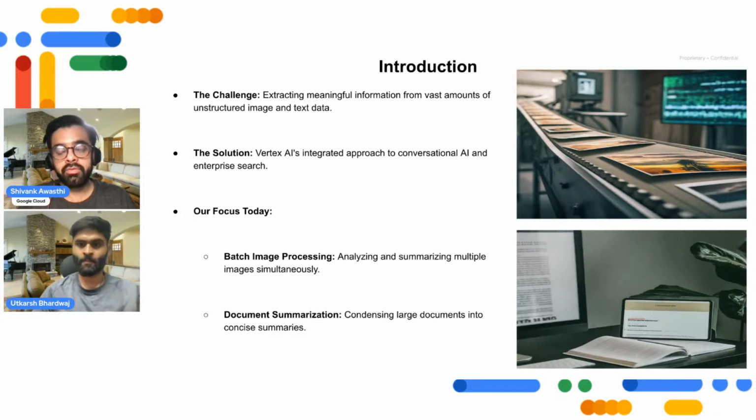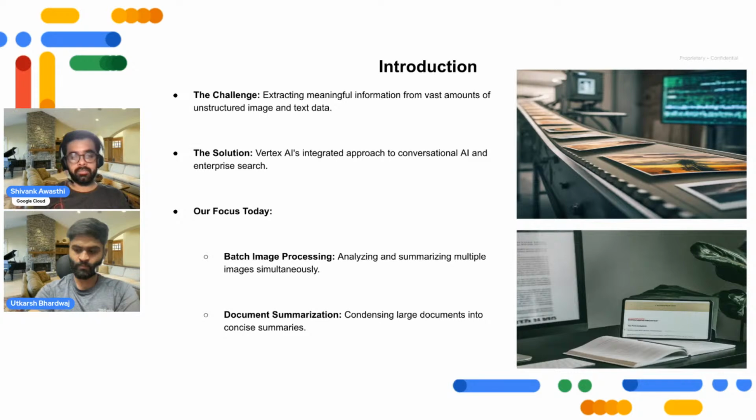To give you an example of cases where batch image processing or document summarization could be useful, let's take an edtech company, an education-based company which has a lot of assignments, and they want to understand which assignments have what kind of text.